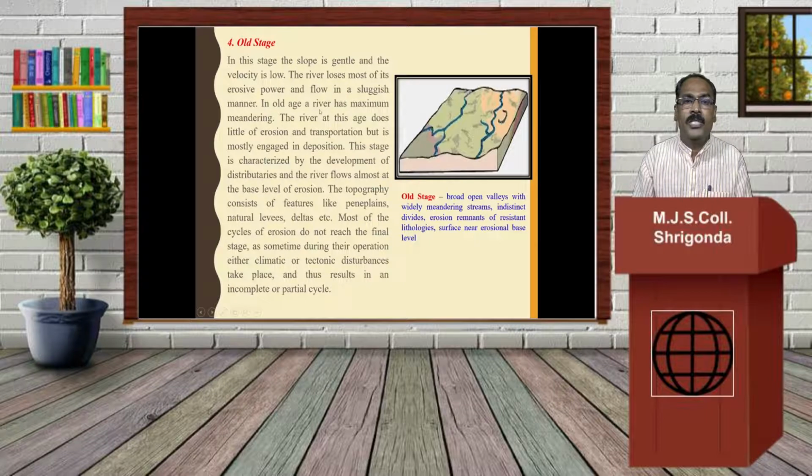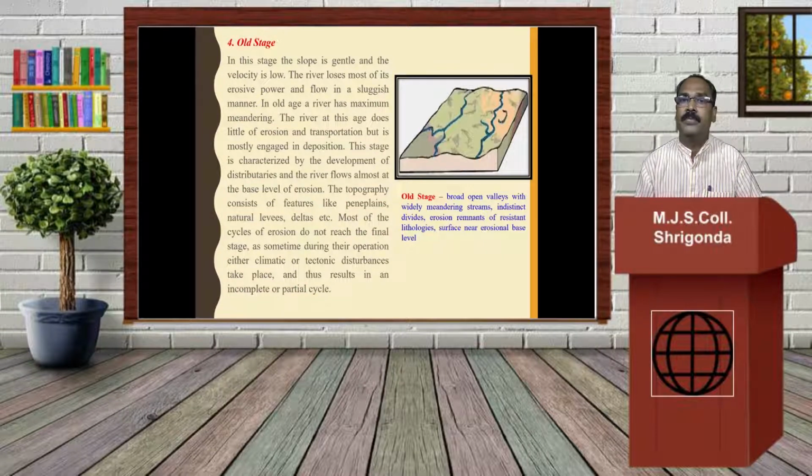In old stage, a river has maximum meandering. The river does little erosion and transportation but is mostly engaged in deposition. This stage is characterized by the development of distributaries and the river flows almost at the base level of erosion. The topography consists of features like peneplains, natural levees, deltas, etc.